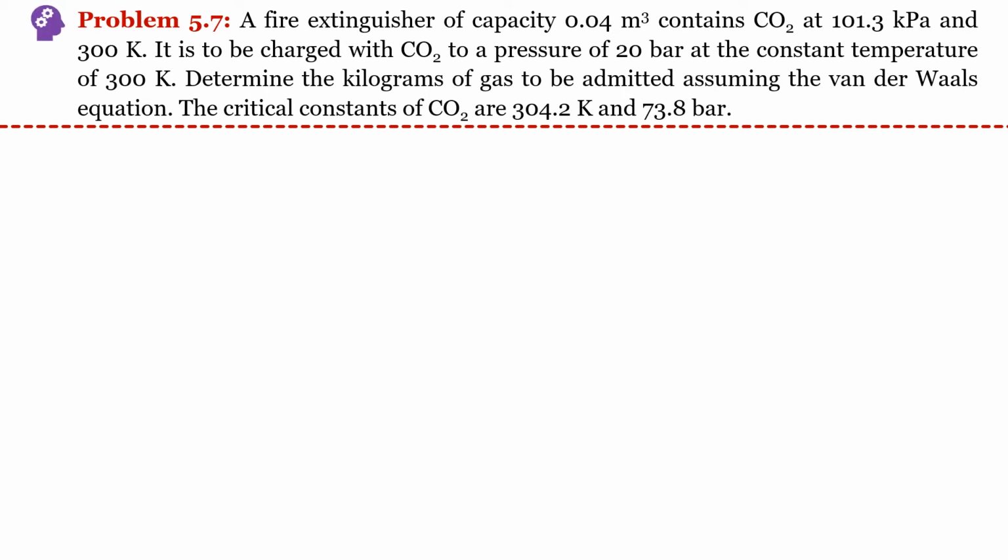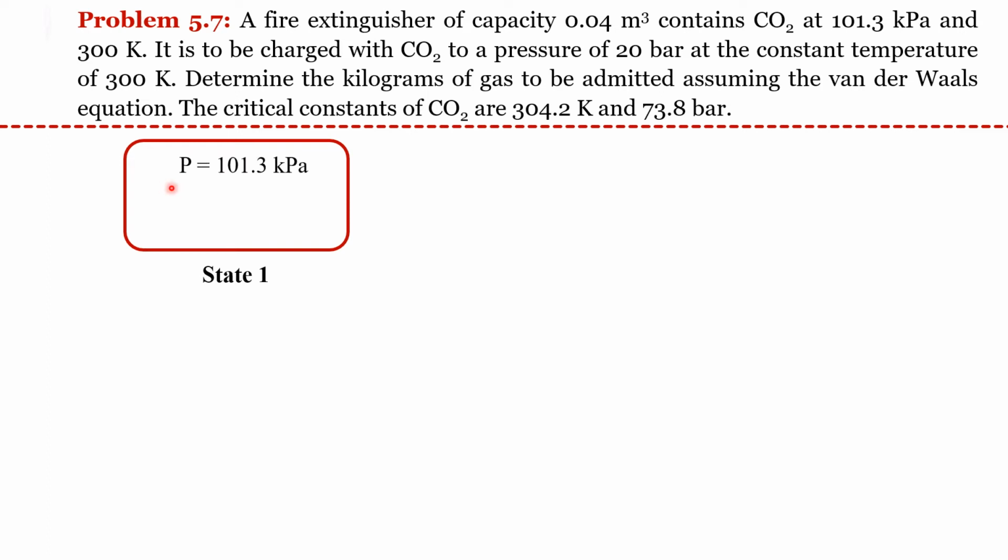So first we will try to understand the problem. In the problem we have a fire extinguisher. It contains CO2. At the initial state, it is given that the pressure inside this extinguisher is 101.3 kilopascal.